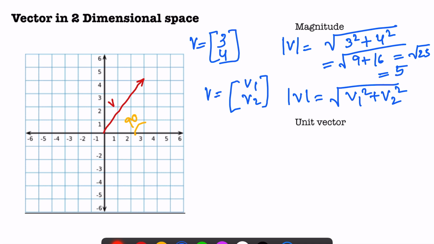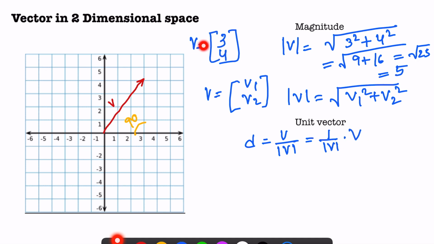Now a unit vector is a vector that has the same direction, but the length or magnitude will be 1. So the unit vector in this direction, let's call it d, will be v divided by mod of v, or we should write it as 1 over mod v multiplied by v, because this is a scalar value and this is the vector. So this is a scalar multiplication.